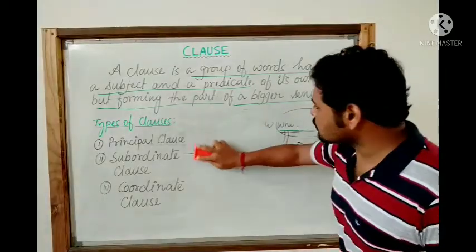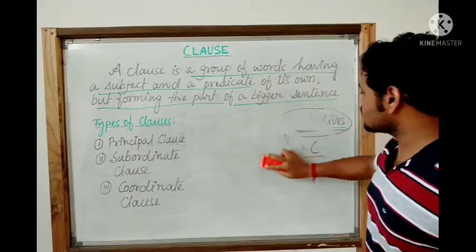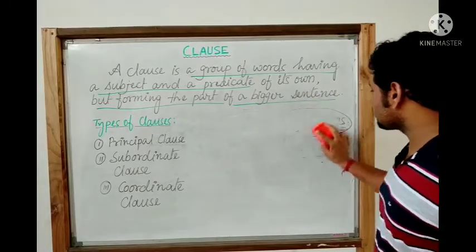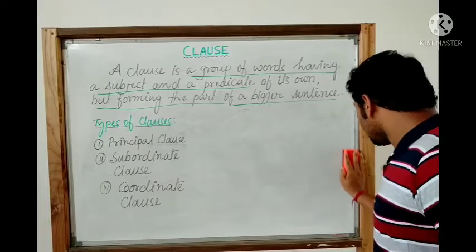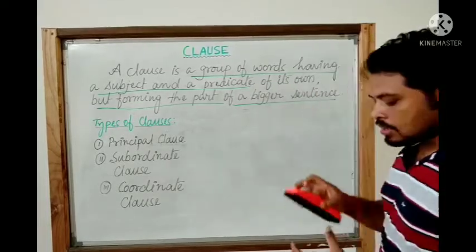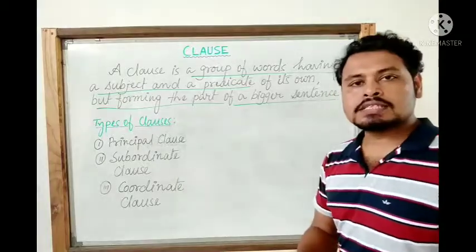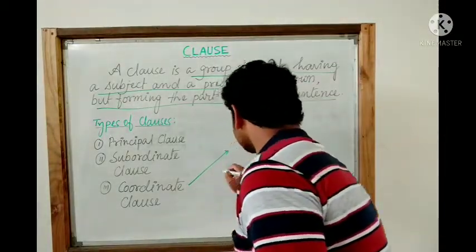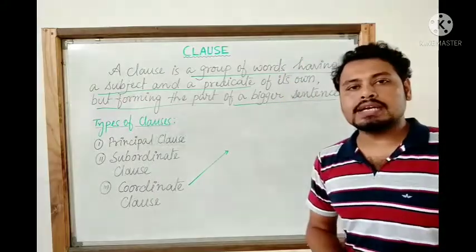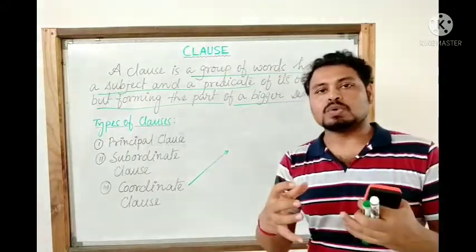After the subordinate clause, in the third and last category of clauses, we have the coordinate clause. When we say coordinate, that means working together.